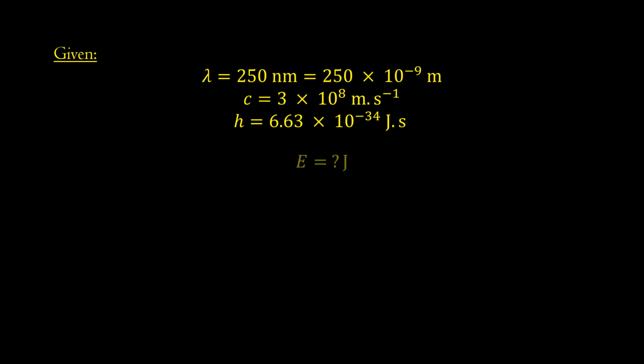And we must calculate the energy, and we must report it in its SI unit, which is joules. So we solve using that equation on how to calculate the energy of a photon.